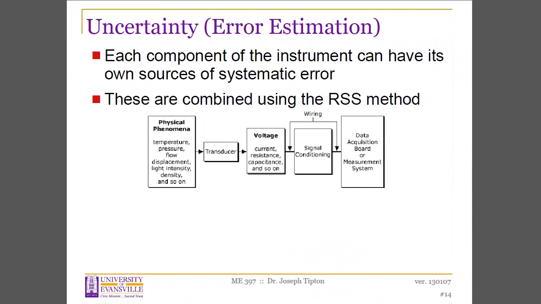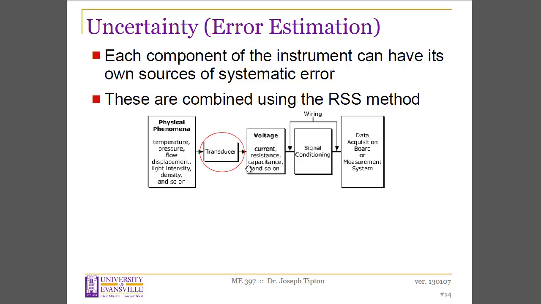Finally, we recognize, in terms of error estimation, uncertainty analysis, that each component of the apparatus or the instrument in its totality can have its own sources of systematic error. These are then combined together, as we saw last week, using the root sum square method. So looking at my diagram here, we have basically two devices.